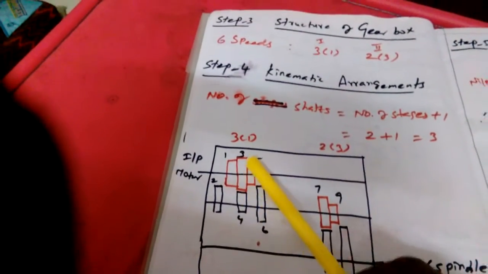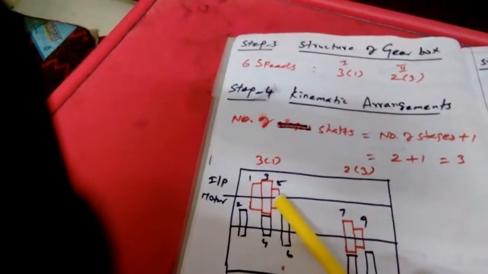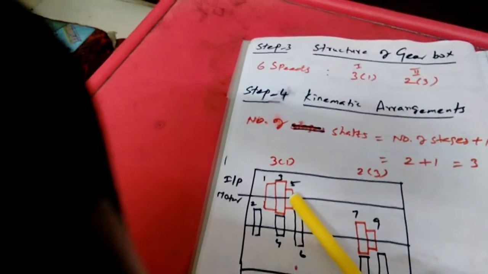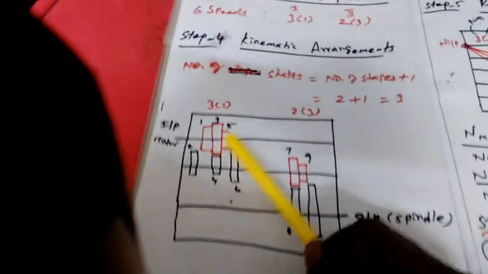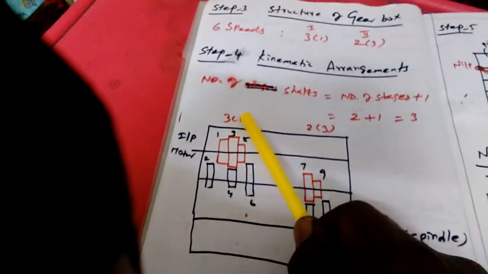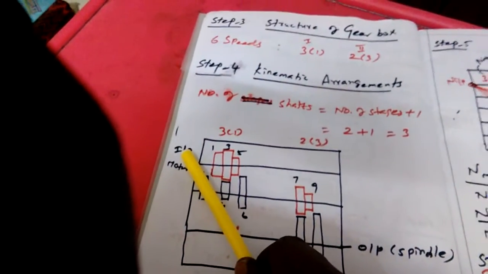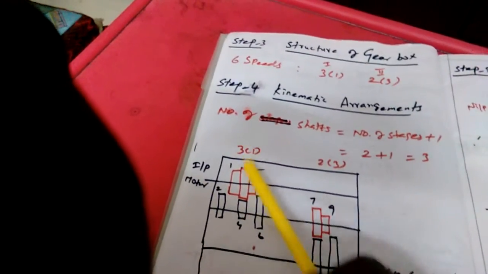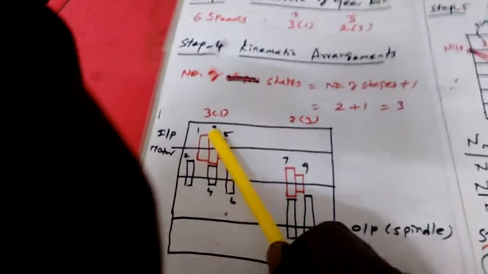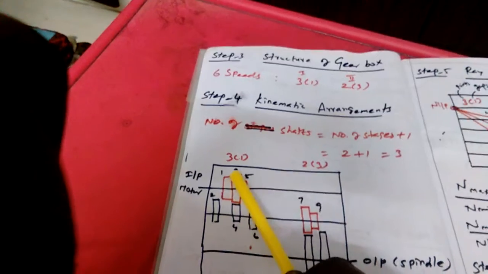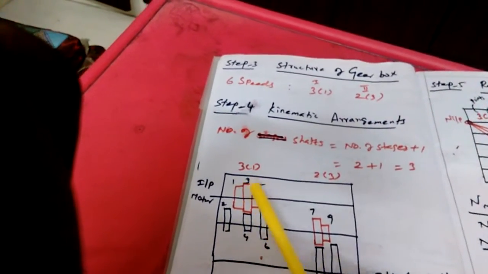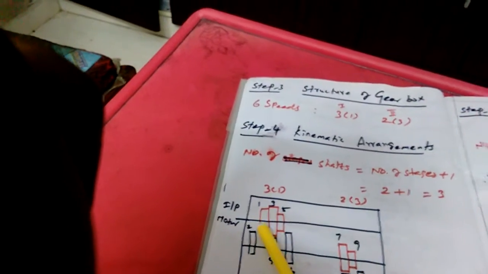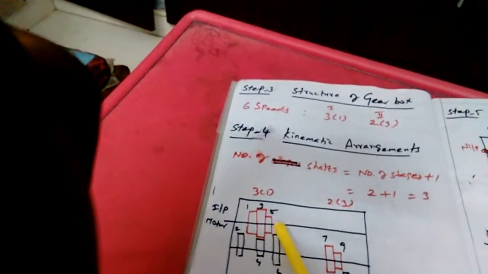The center shaft will be the longer one, the right-hand shaft will be the smaller one, and the left-hand shaft will be somewhat bigger as compared to the right side. So totally 3 outputs we have to give, so we have to draw 3 shafts.